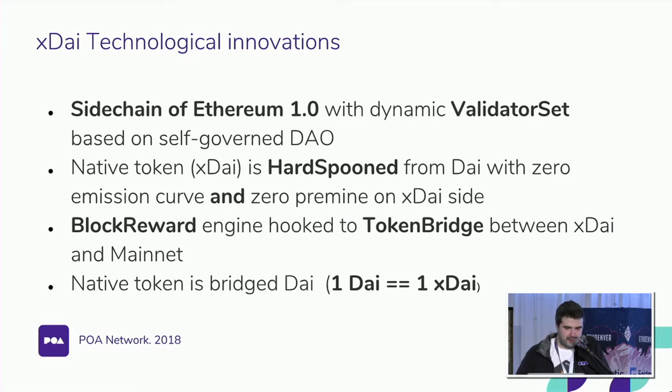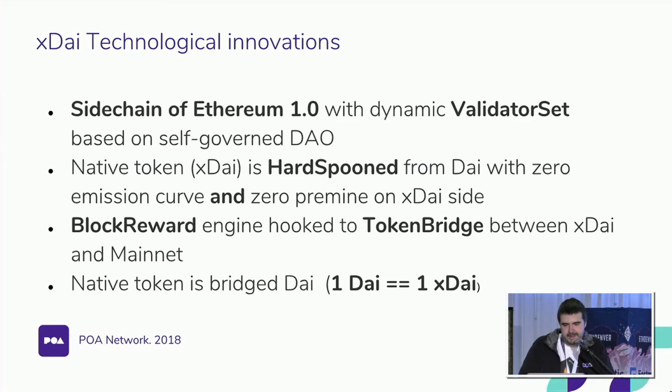And the great thing about this type of hard spoon is that the token is stable, right? So one DAI always equals one xDAI. When you lock one DAI on the Ethereum side, you will get one xDAI on the xDAI side.